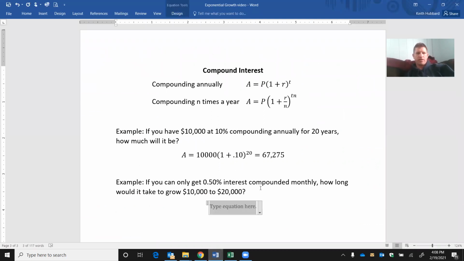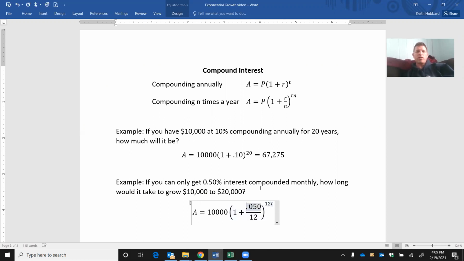But let's just imagine some bank says, okay, we'll give you that and you can have it monthly. So the amount, of course, starts with 10,000, and we have 1 plus 0.005 divided by 12, and we're going to put that in for t times 12, because we get that every month.